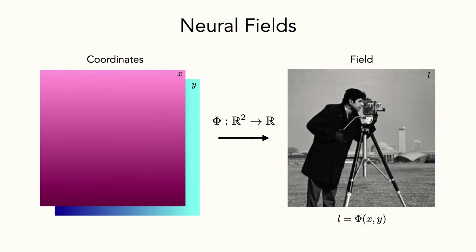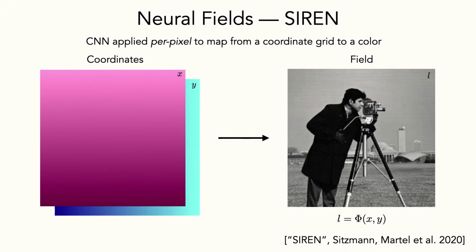But one way to think about it: SIREN is an example of one of these neural fields, that model we talked about earlier. This is a neural network that's applied per pixel to map from a coordinate grid, so now the input is the positional encoding in an image, to a color. So you're learning to model a single image by learning a functional mapping from a position in the image to a color, right? And the way that they're doing that is through these sinusoidal functions.